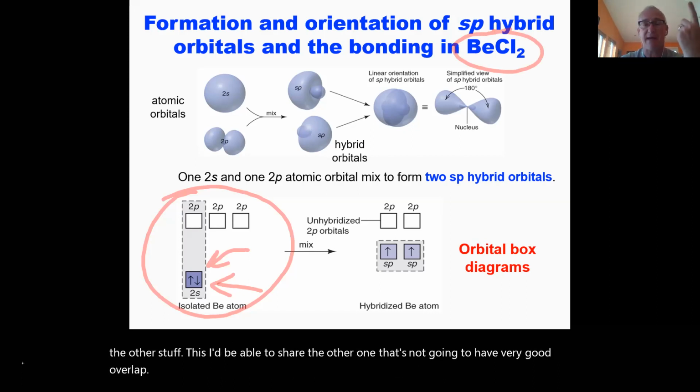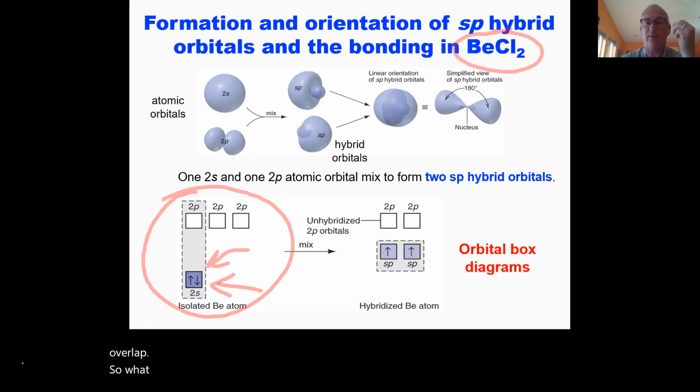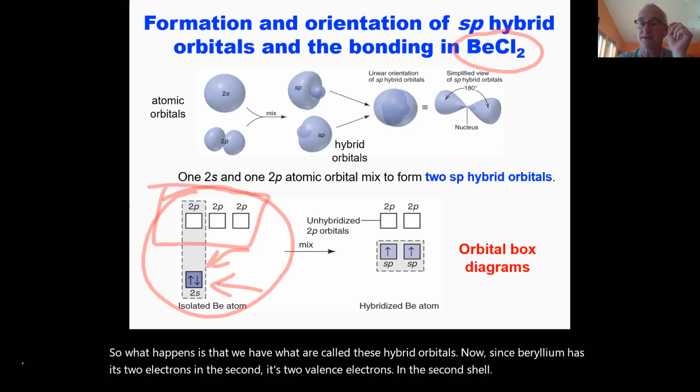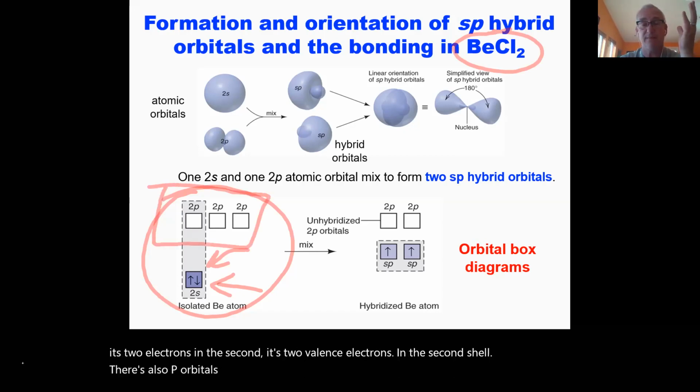So what happens is that we have what are called hybrid orbitals. Since beryllium has its 2 valence electrons in the second shell, there are also p orbitals available in the second shell.